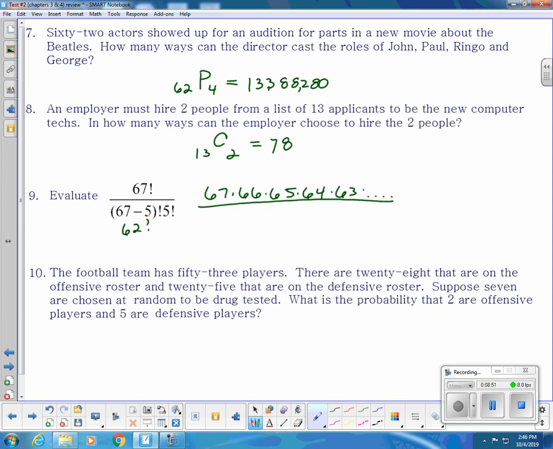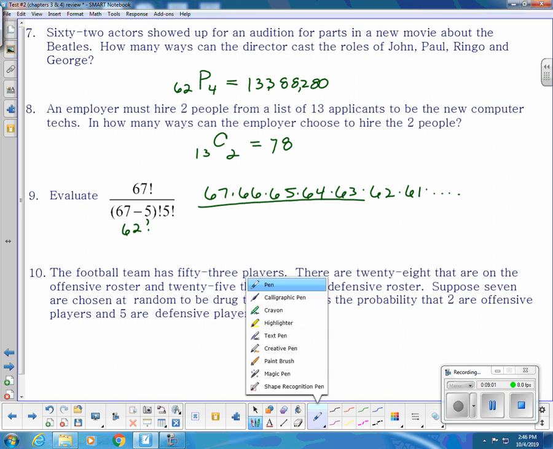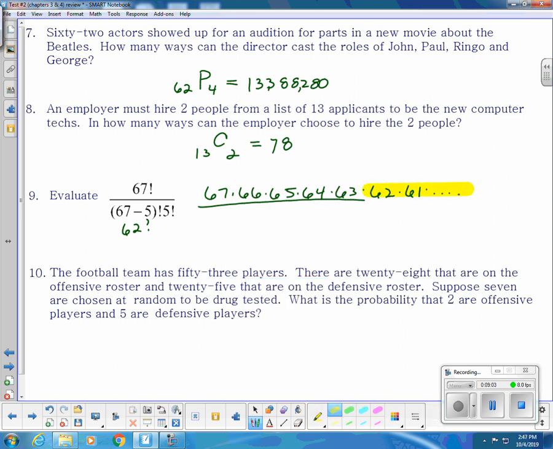Okay, so 62 factorial, let's do a little bit more on the top. As soon as I get to 62 and on down here, this part here is 62 factorial. So when I have 62 factorial on the bottom, this is the same thing. So those are going to cancel.